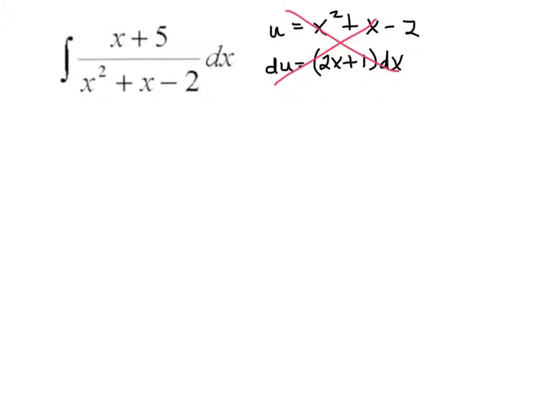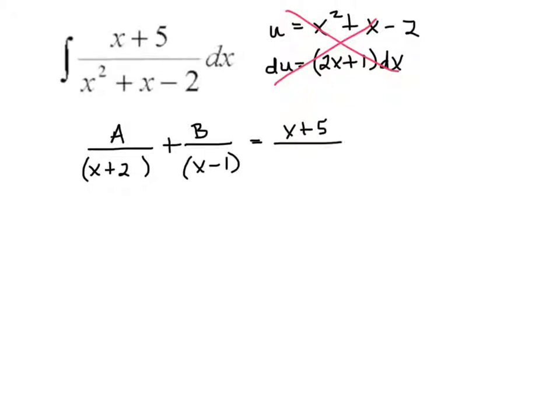So then I have to factor the bottom. Well, it would factor to be x plus 2 and x minus 1. So I put an A, B, like that. Set that equal to x plus 5 over x squared plus x minus 2. I'm going to multiply the A fraction by x minus 1 over x minus 1.